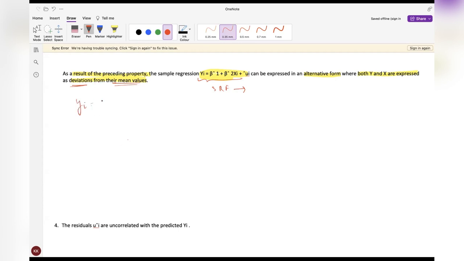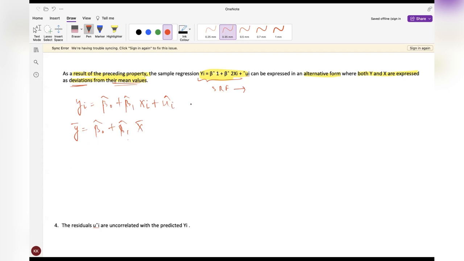Here's the proof. We have yi is equal to beta naught hat plus beta 1 hat xi plus ui hat. This is our sample regression function. We also know that y bar is equal to beta naught hat plus beta 1 hat x bar, because of the value of beta naught hat that we calculated.